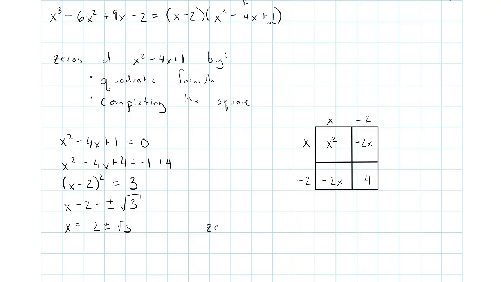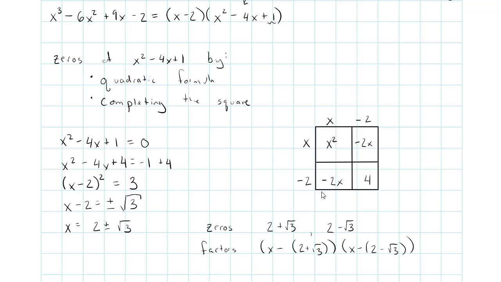So my zeros are 2 plus root 3 and 2 minus root 3. And so my factors are x minus 2 plus root 3 and x minus 2 minus root 3.